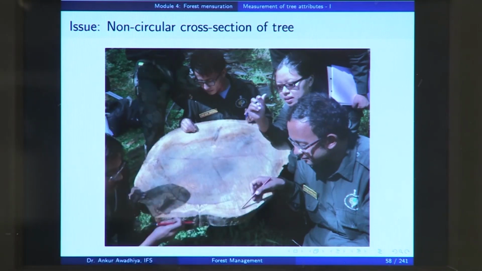So, in this case, where do you take the measurement? Well, you may take measurement at a number of different points, take the average, or you can take measurement at 2 points that are 90 degrees to each other, take the average, or you may even go for just a single measurement. So, these things are not that well defined.